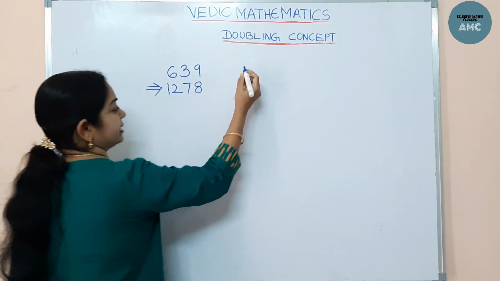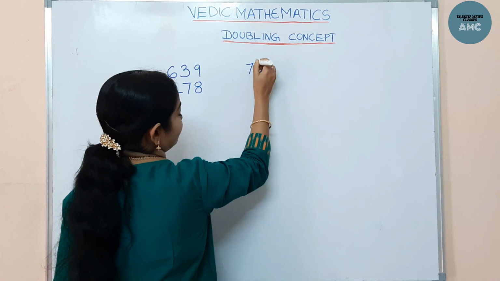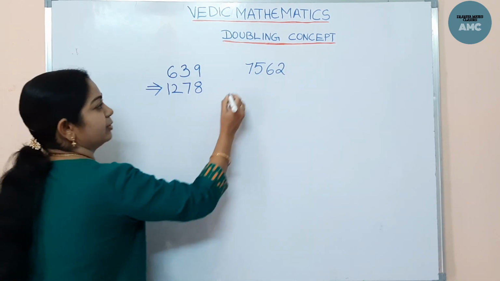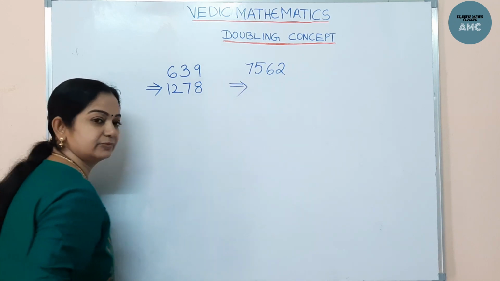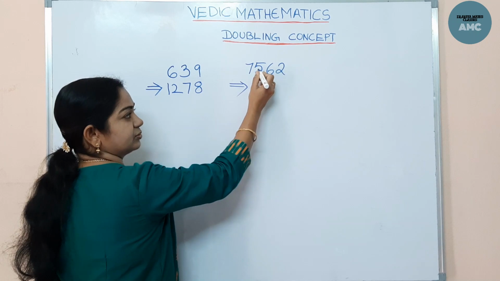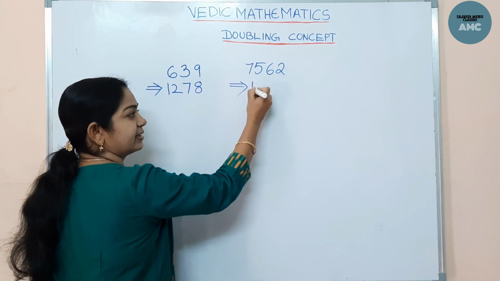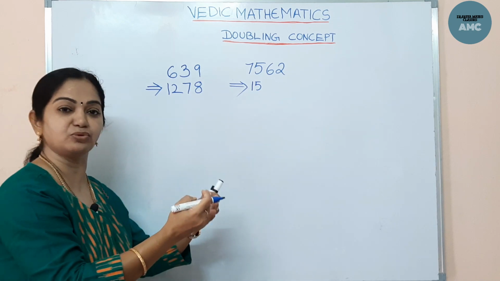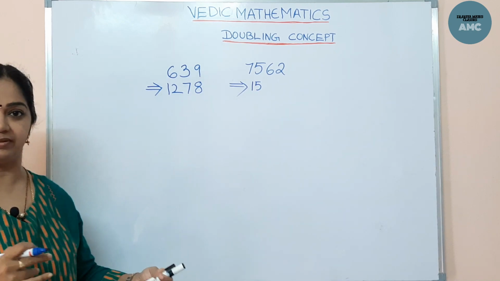Likewise, let me take another example. 7562, suppose. I want the double of this number. Okay, so 2 7s are 14, but 15. When I am saying but, that means the next number is group 2, so I am increasing the before number.